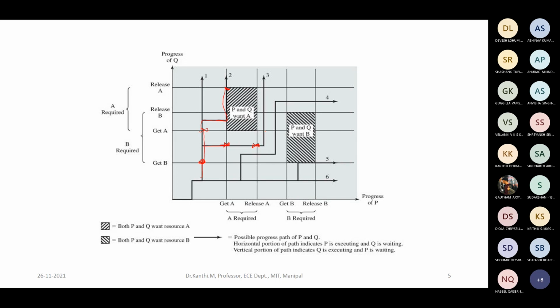Then Q is trying to acquire A, because it is already released, it can acquire it. Now Q will release B and then release A. So this is perfect in the sense there is no conflict and the path is free.